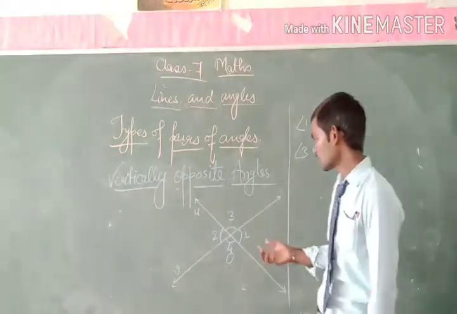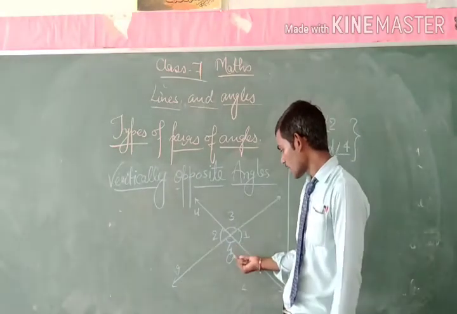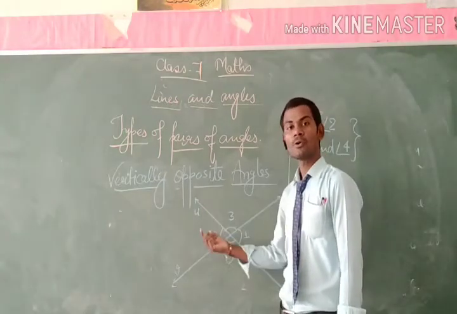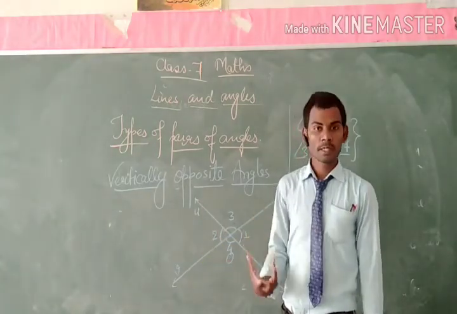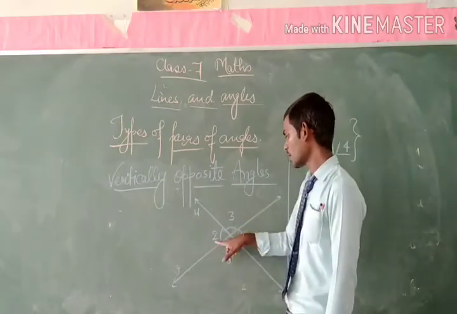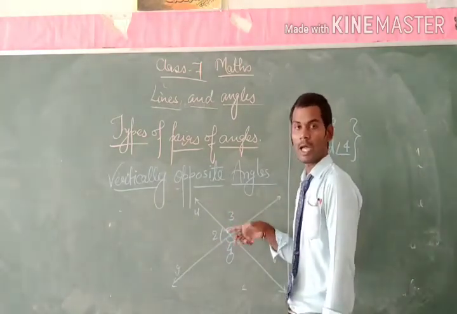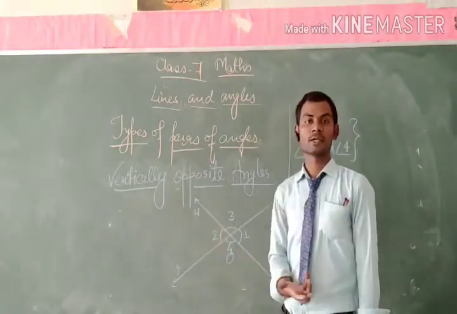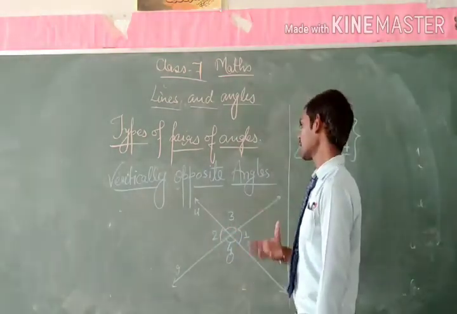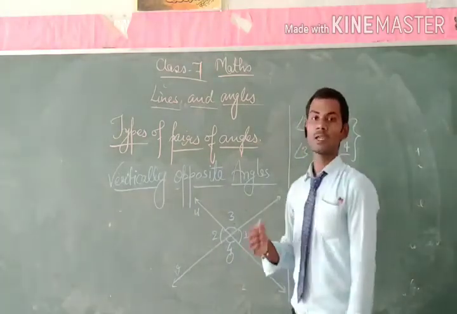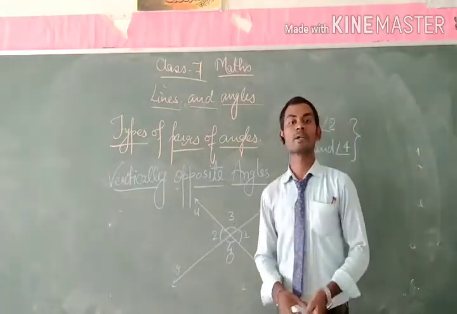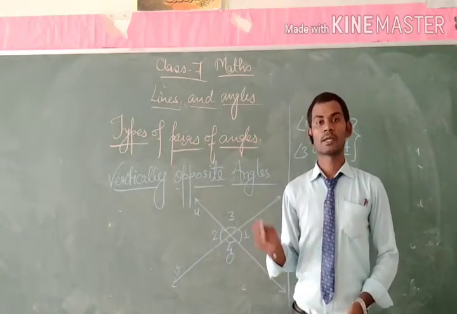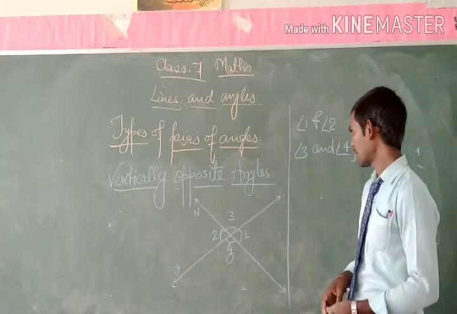And here we can also see that the side OU is the common side for both angle 2 and angle 3. So we can say that this is an adjacent angle. So from the vertically opposite angles, we can define our previous two types of angles, that is the linear pair and supplementary angles.